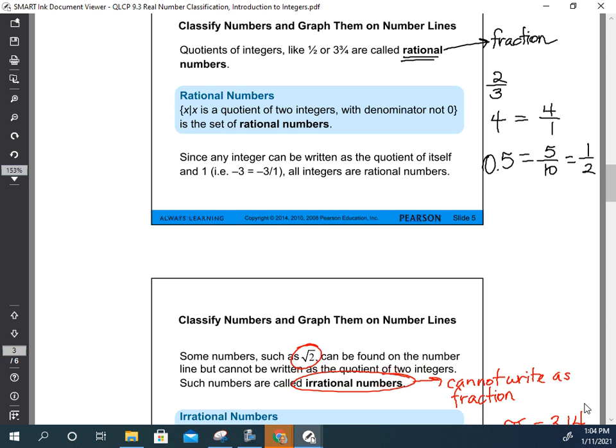The main thing you know about a rational number is that it's a number you can write as a fraction.